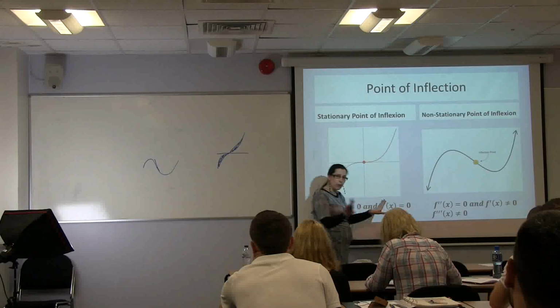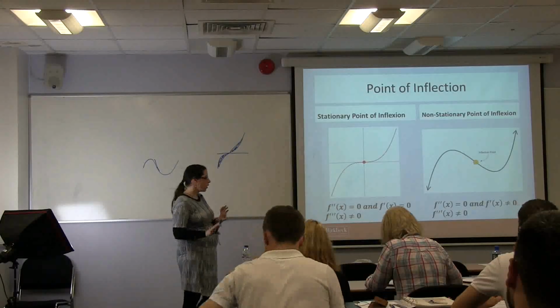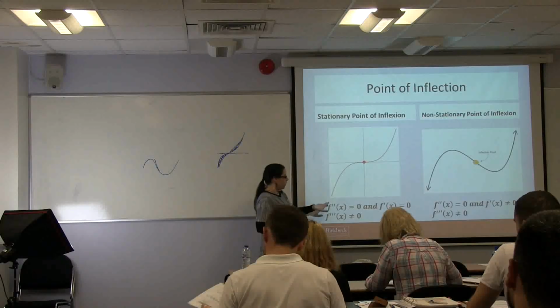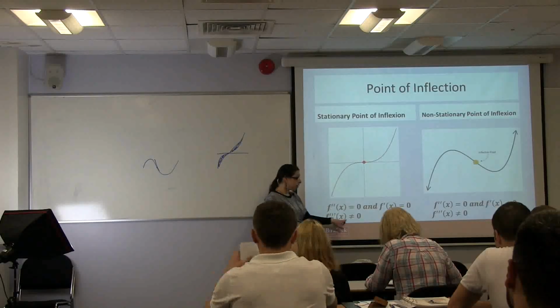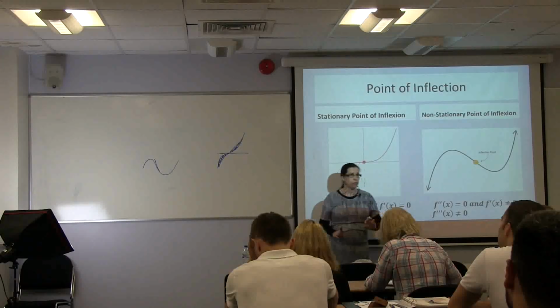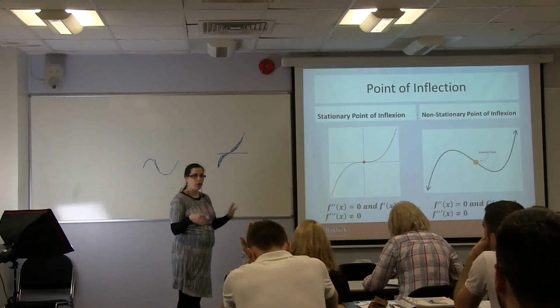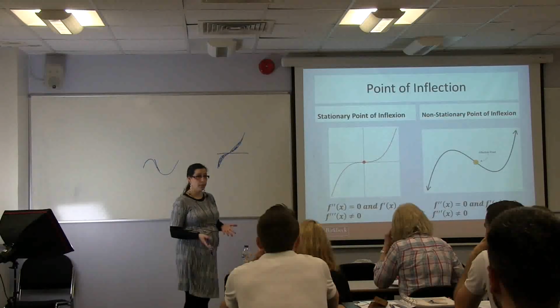So that's what distinguishes between the two types of points. The common conditions: second is 0, third isn't. But depending on whether the first is or isn't 0, we find the stationary or non-stationary. A lot of conditions that you actually have to learn.